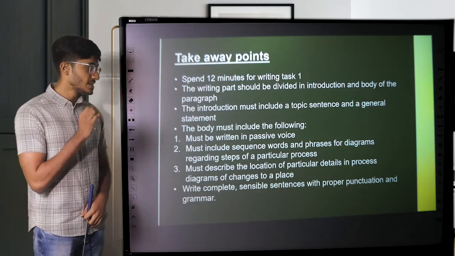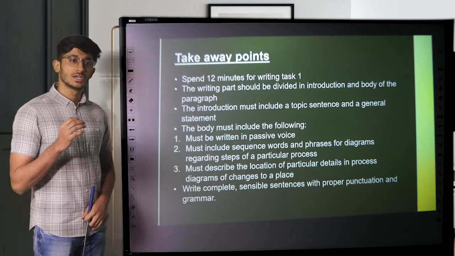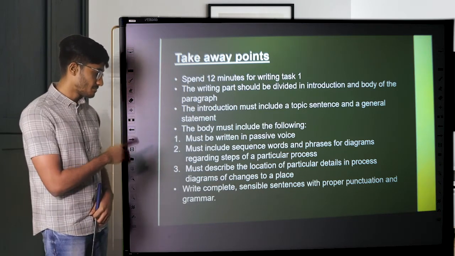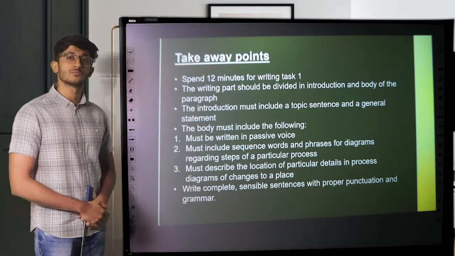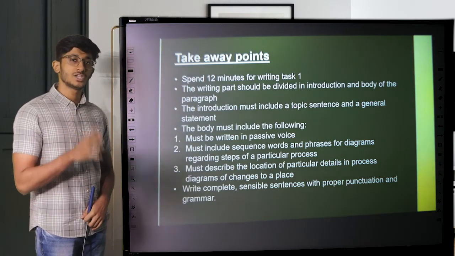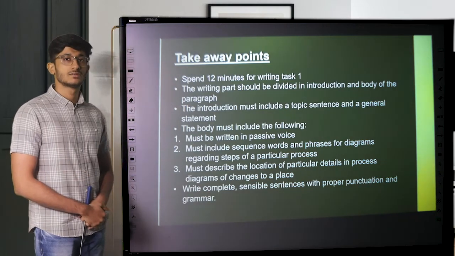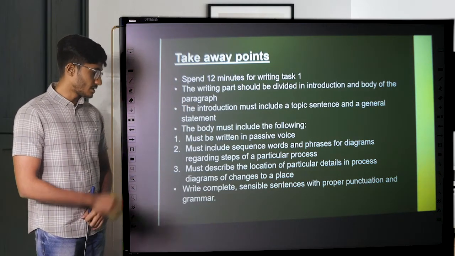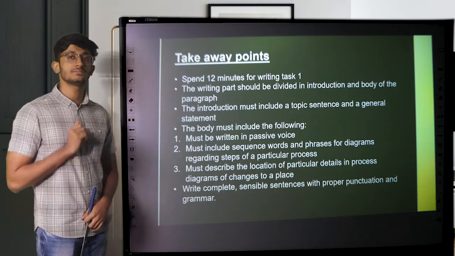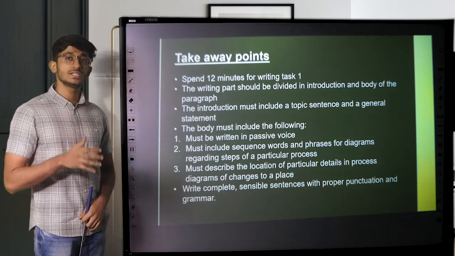It must include sequence words and phrases for diagrams which involve steps of a particular process. And it must describe the location of particular details for diagrams involving changes to a particular place with past and present forms. And you should write complete, sensible sentences with proper punctuation and grammar, as all these will be tested.